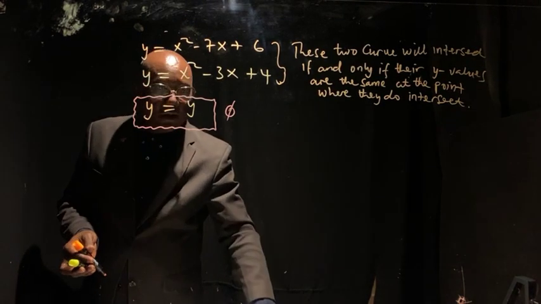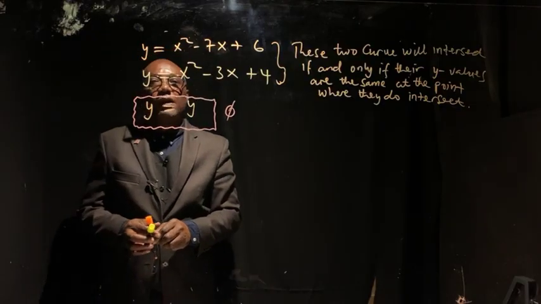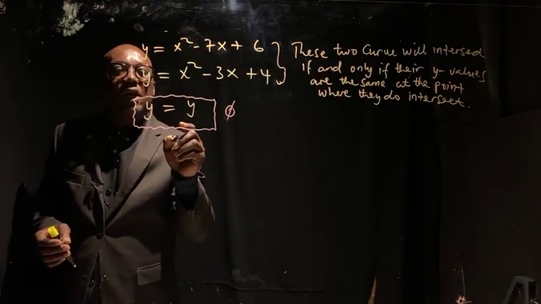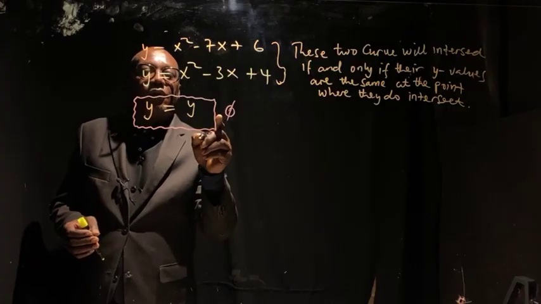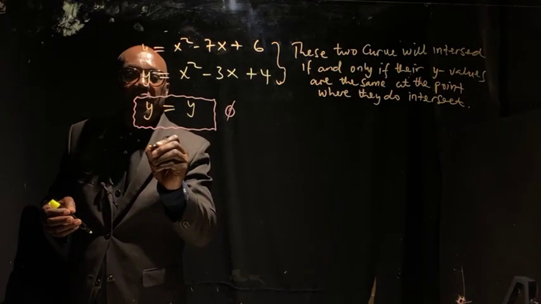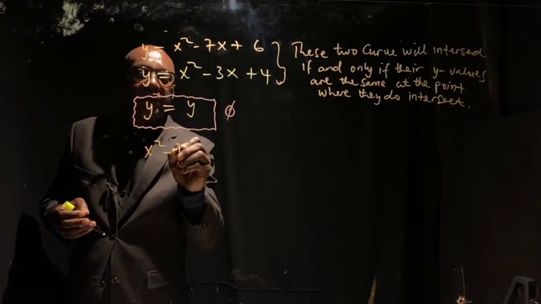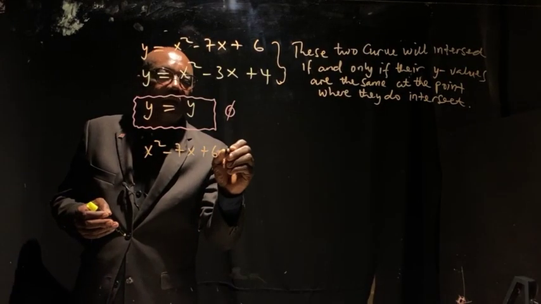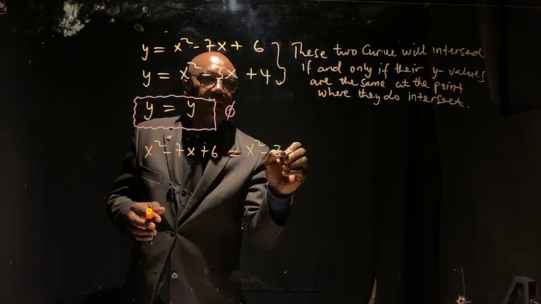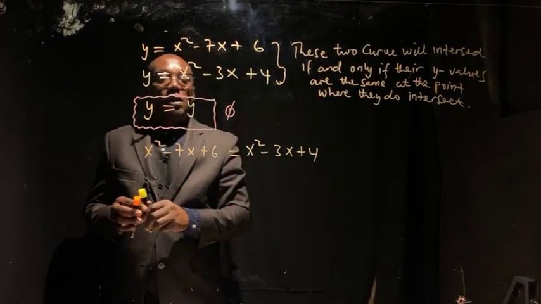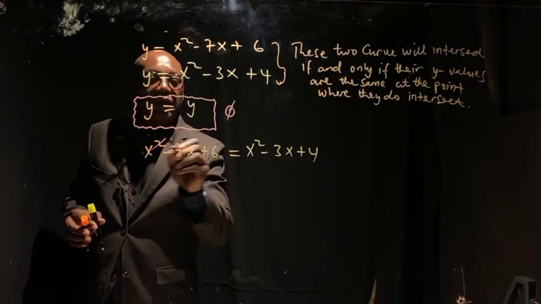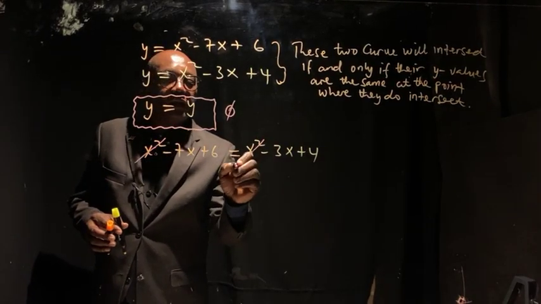The two curves will intersect when their y values are the same, in which case, from the logic of equation 5, we can see that x squared minus 7x plus 6 is equal to x squared minus 3x plus 4, in which case this x squared will cancel this x squared.